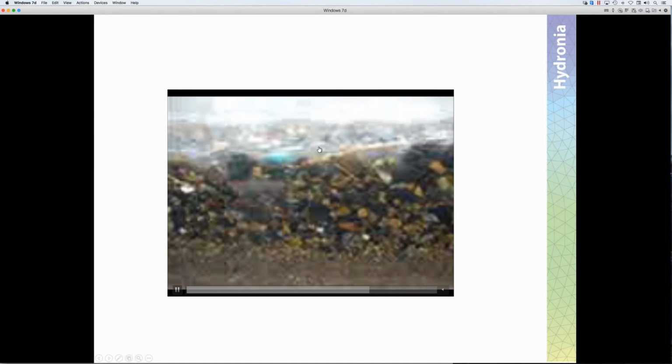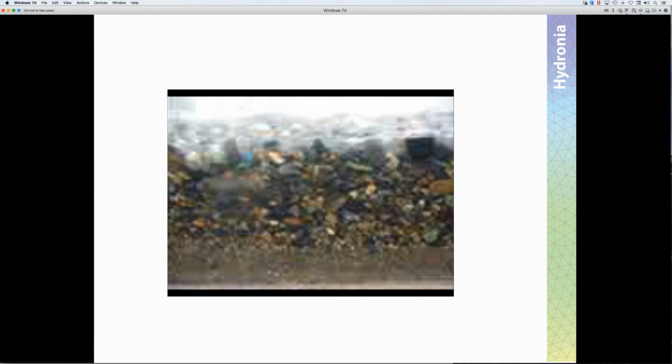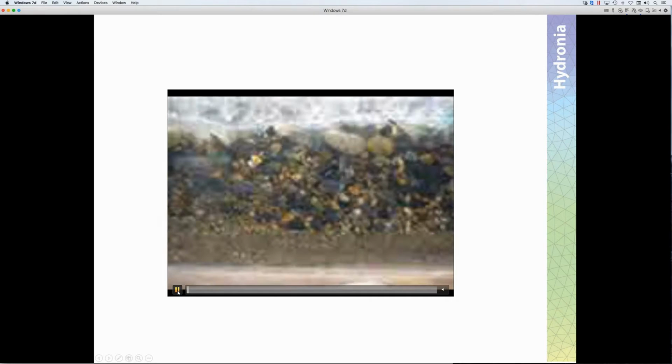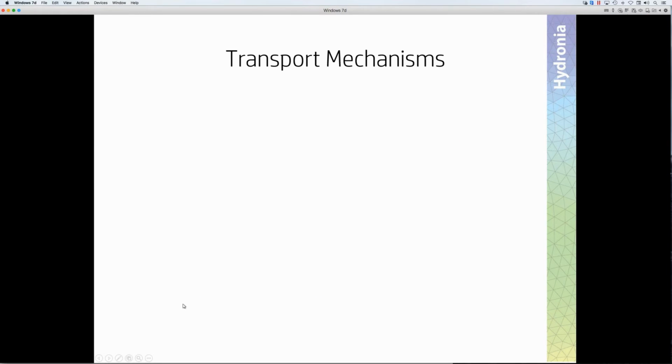So you have different transfer mechanisms that you need to take into account in the model.